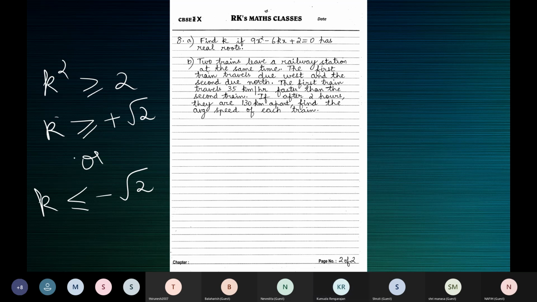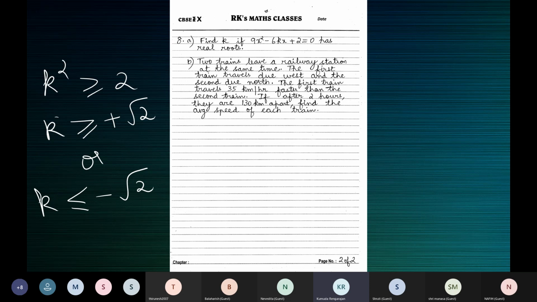That means there are infinitely many values for k. The values of k are not confined. k can take so many values so that the equation will have real roots.